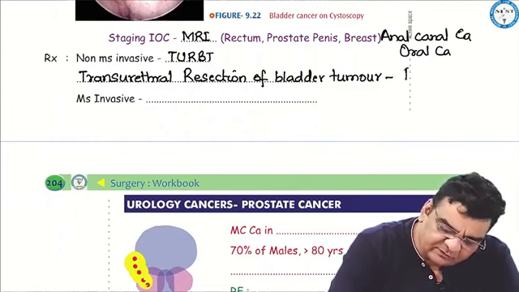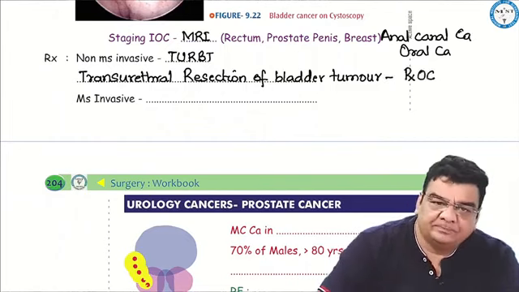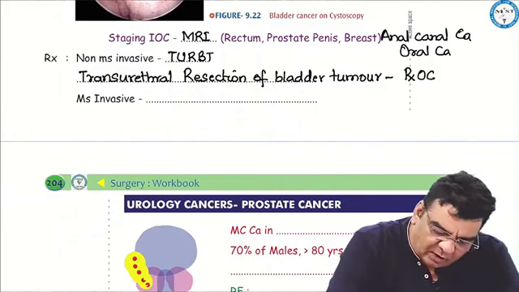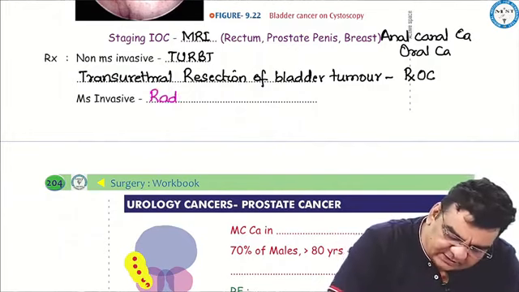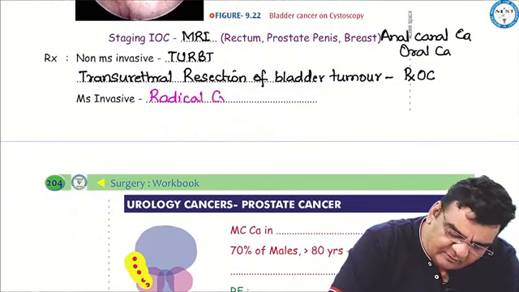This is the treatment of choice for bladder cancers. However, for muscle invasive bladder cancers, we do a radical cystectomy. We remove the entire urinary bladder.